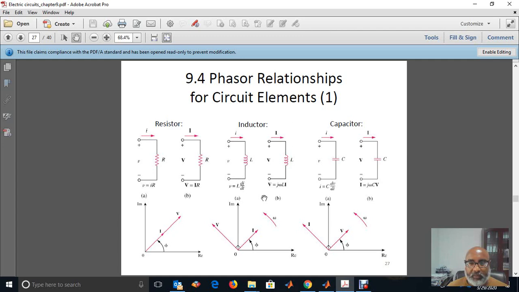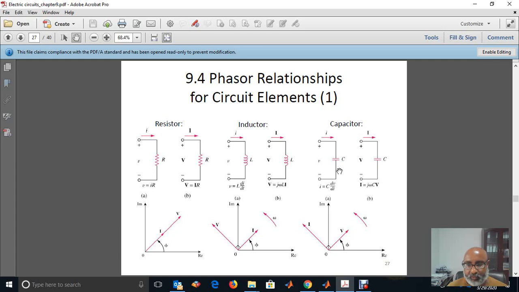In phasor form, di by dt, the derivative in time domain, becomes j omega in frequency domain. So V equals j omega L times I. So j omega L is the impedance of the inductor. It's like resistance; the inductor has its own impedance, and we say the impedance of the inductor is j omega times L.